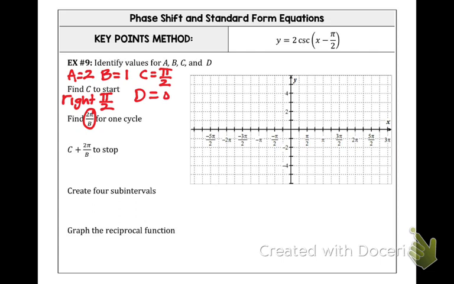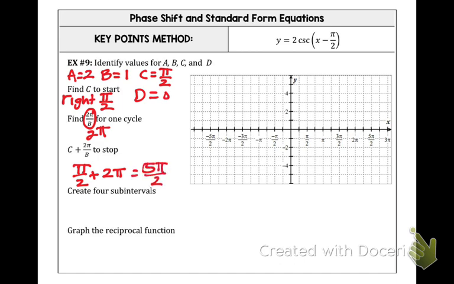So my period's going to stay 2 pi. Oh, hold on. I'm jumping the gun here. Find my period. Period, 2 pi. Now I've got to find our stopping point.